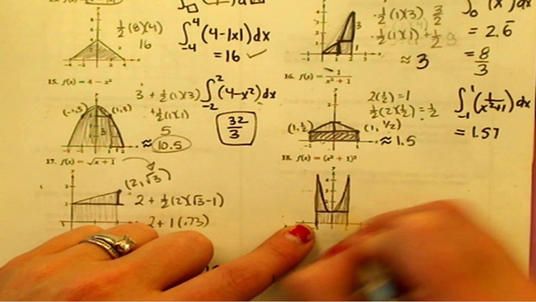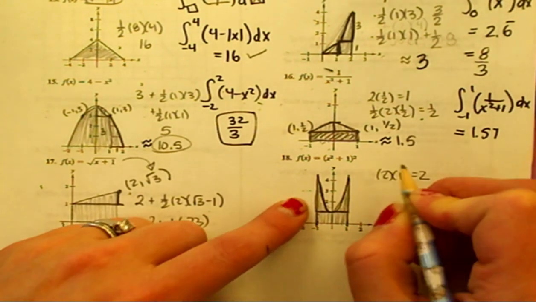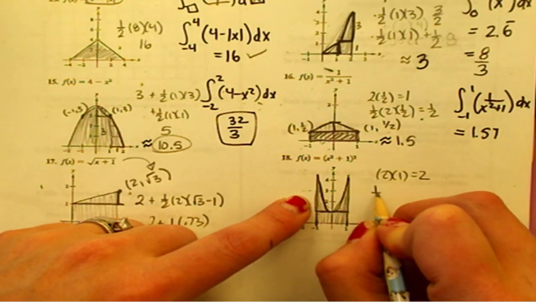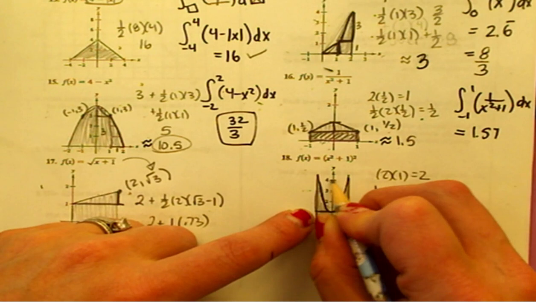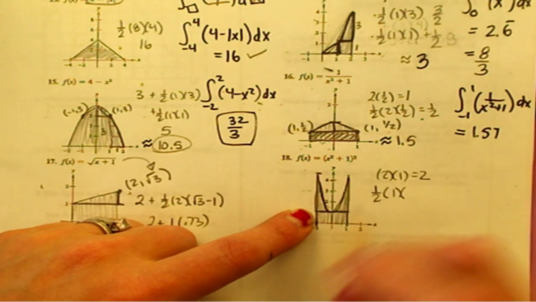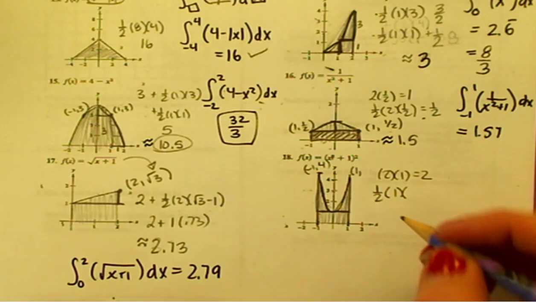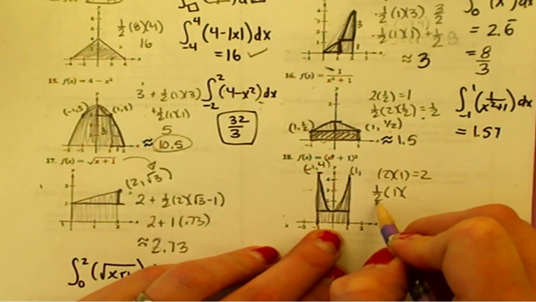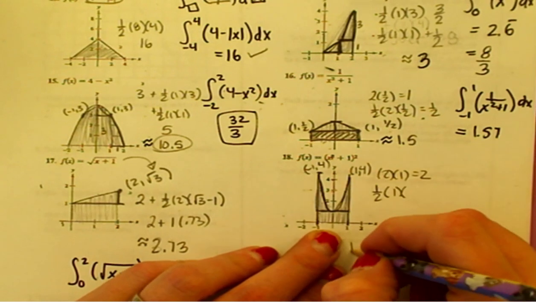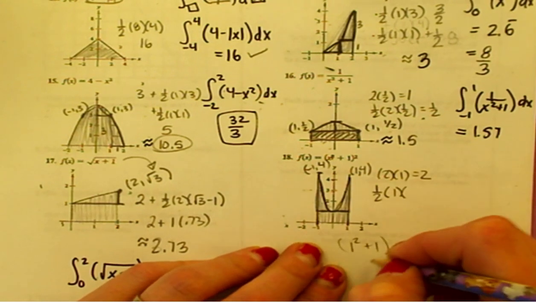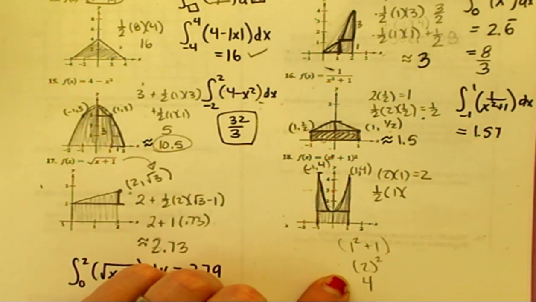Last one. Okay, so rectangle, 2 times height, so we get 2. We've got 2 triangles here, so 1/2 base times height. Right, if I plug in these points, 1 squared plus 1 is 2 squared is 4, so I actually get the points 4, okay?